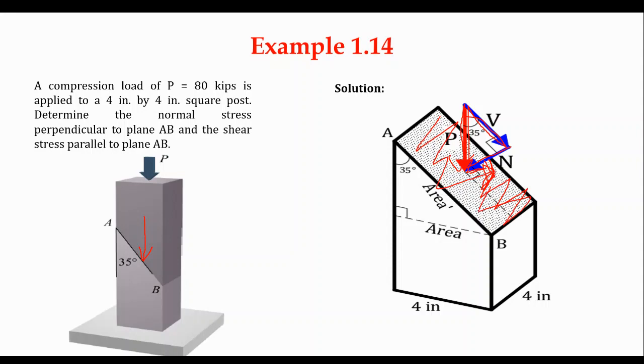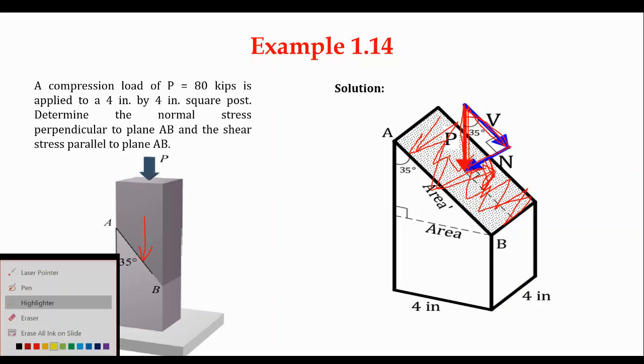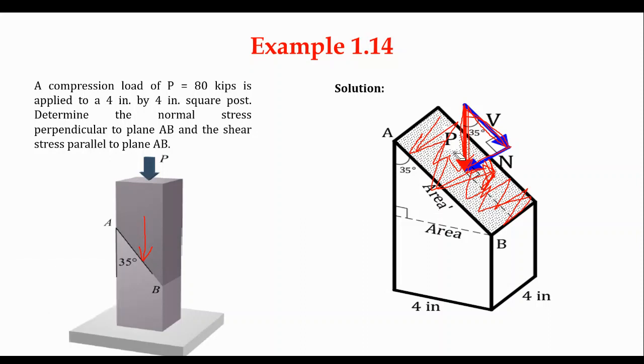Okay? And then, ang shear naman, always siya parallel sa area na imong gi-consider. Ito man yung area na i-consider. So, ang shear force is parallel. Don't forget na normal force and the shearing force, they always are 90 degrees with each other, naka-perpendicular ang N ug V. So that P ang hypotenuse sa force triangle.